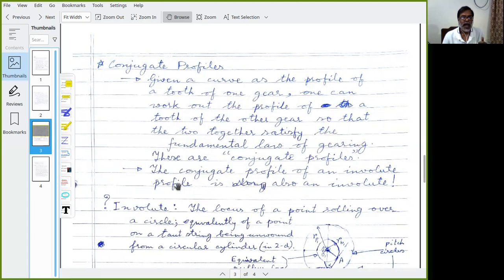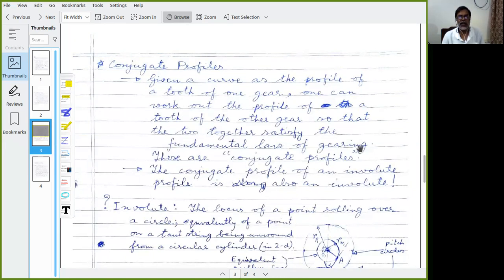Okay? And the interesting thing is that the conjugate profile of an involute profile is also an involute profile. So this is the reason. I mean, if you take some other curve as the profile of one of the gears, then there will be a different type of curve which would make proper profile for the teeth of the other gear.